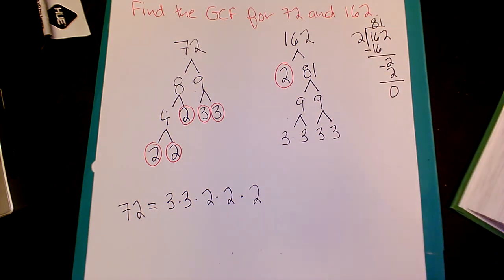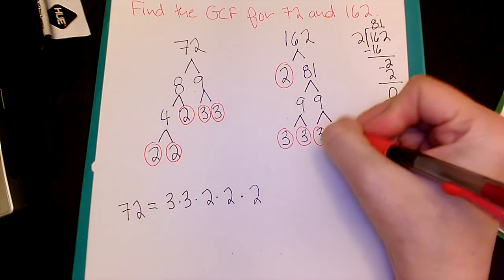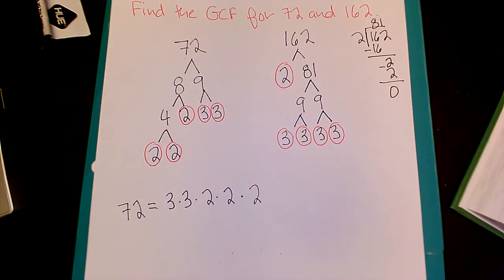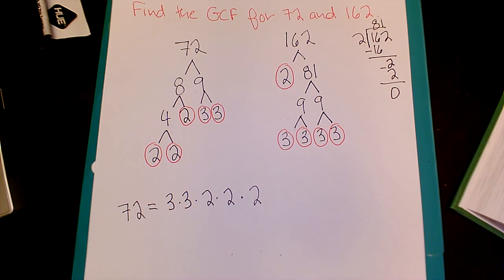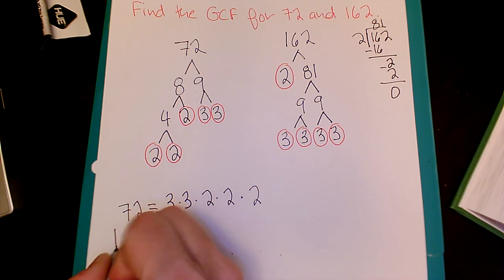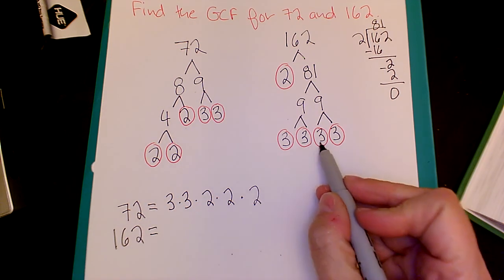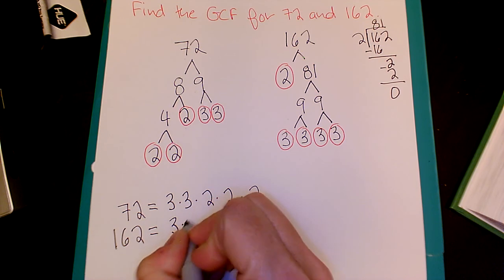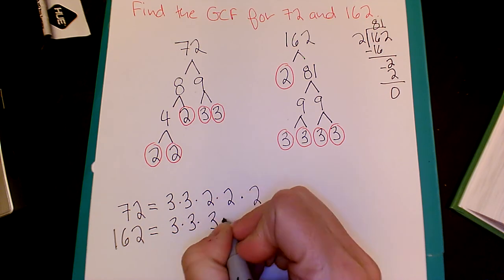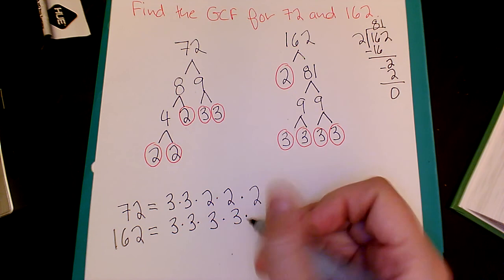And 3 is prime, so I'm going to circle all these 3s. So I've got 1, 2, and 4 3s. So I'm going to put 162 underneath here, and I'm going to start with my 3s since I started with my 3s over here. 1, 2, 3, 4.